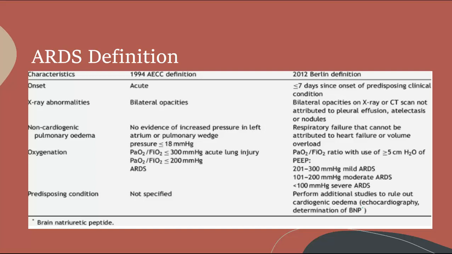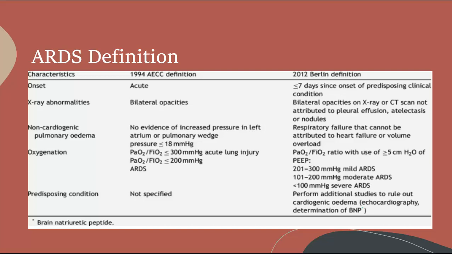Previously, one of the criteria in the old definition was the capillary wedge pressure, which is eliminated in the Berlin definition. The other difference is acute lung injury, as defined in the past between 200 and 300. They eliminated that, and now they keep it under the ARDS definition. So that's the main difference: they removed acute lung injury and the capillary wedge pressure from the Berlin definition in 2012.